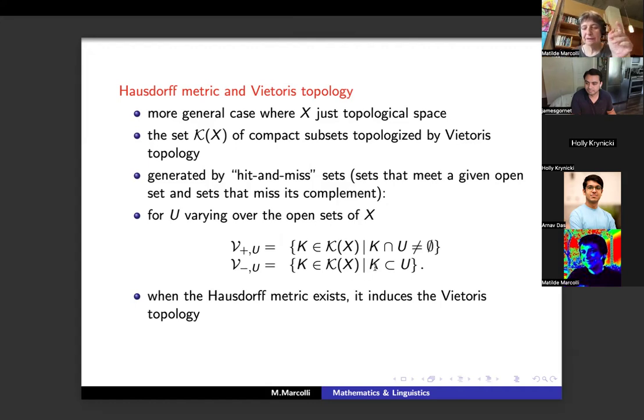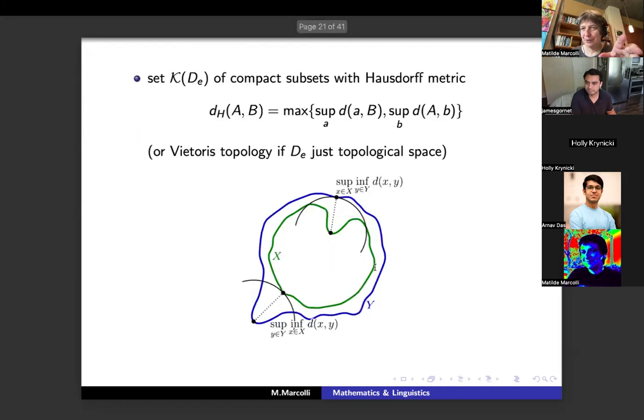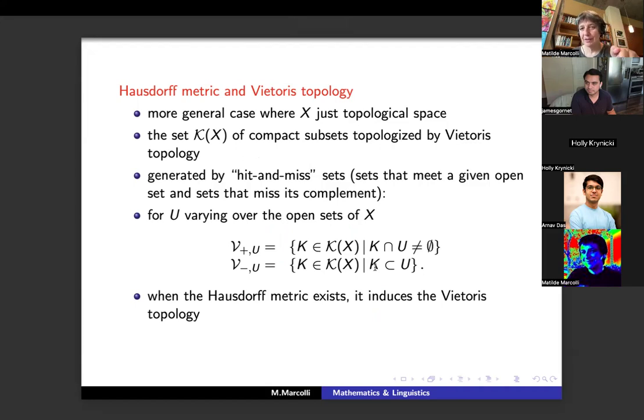This looks quite different from the Hausdorff metric, but in the case in which your space X is metric, the Hausdorff distance is exactly inducing this same topology. So it's just a metric-free way of writing the same topology.